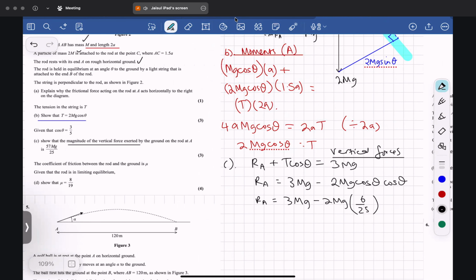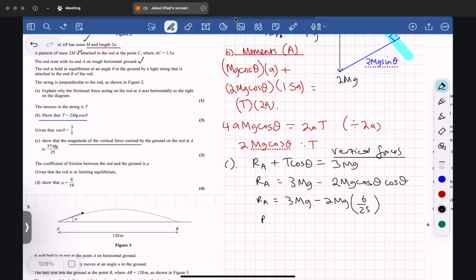Which means RA equals 3mg minus 2mg is 1mg. I get 63 over 25 mg. No, I also had to times it by the 6 over 25, remember? So 2.52 mg.